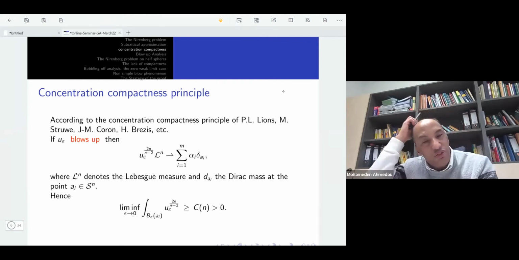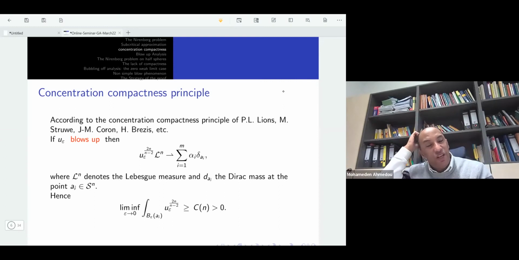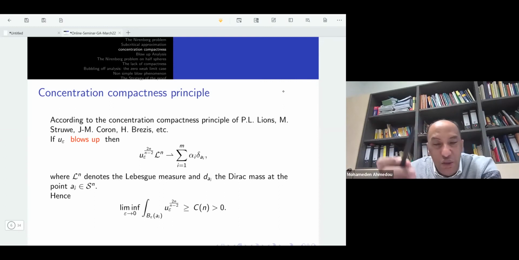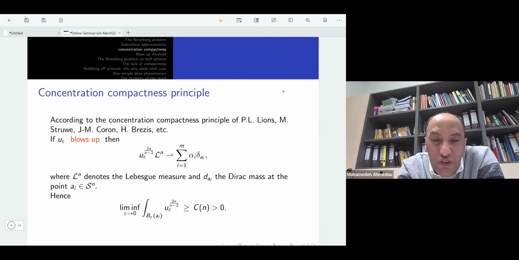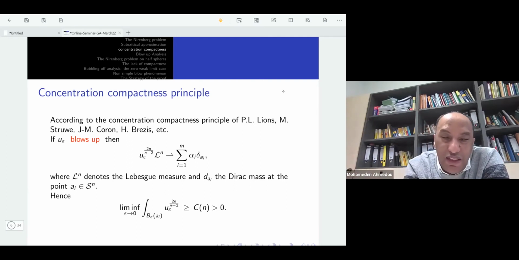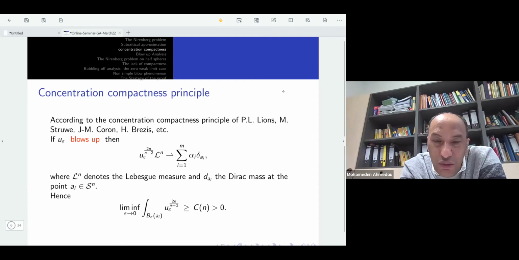And it follows from this method that if you have blow up, you have some kind of concentration of compactness, in the sense that if you multiply the Lebesgue measure with the density u epsilon to the power 2n over n minus 2, this measure will converge weakly, in the sense of measure, to a sum of Dirac masses times some weights alpha i.